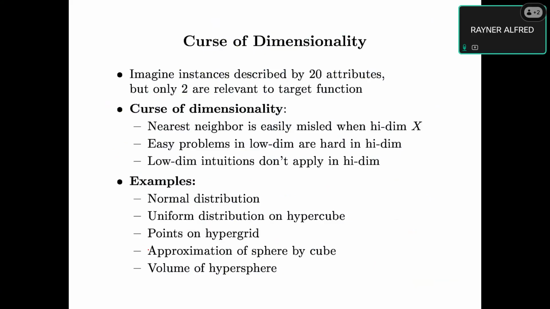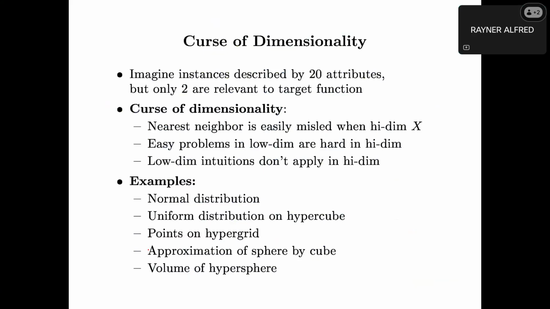They say that the more columns, the more features you have, it will affect the calculation, right? Because you need to compute the differences for every column in your dataset. Imagine an instance could be described by 20 attributes or 20 features, but only two are relevant. So how do you solve the problem?